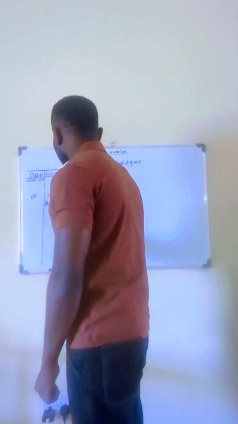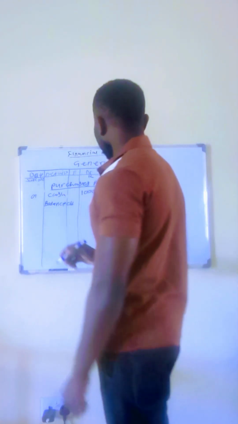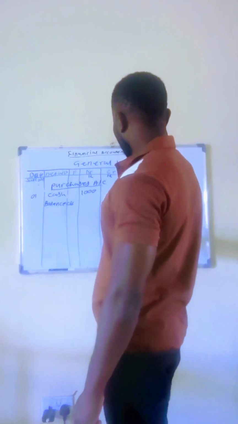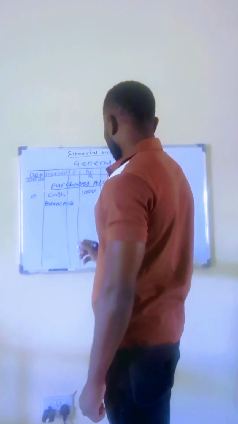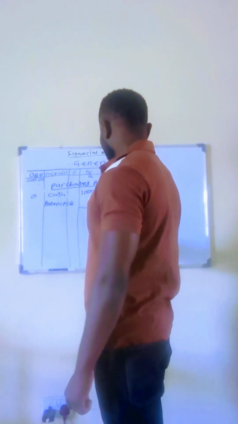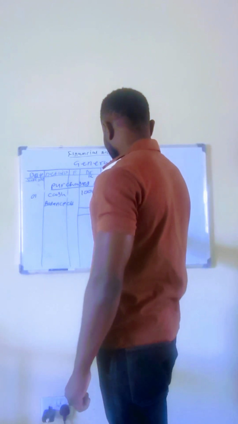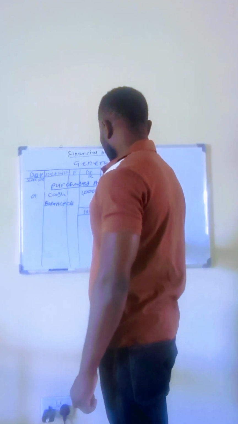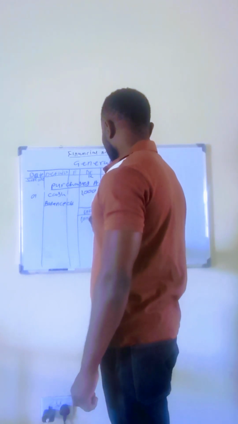So we have the balance carried down. The balance carried down, this one is here, we're going to put it here. So it will be 1,000. I don't need to explain much about this, we talked about it. And then we have the same 1,000 here, and then we have the balance carried down.